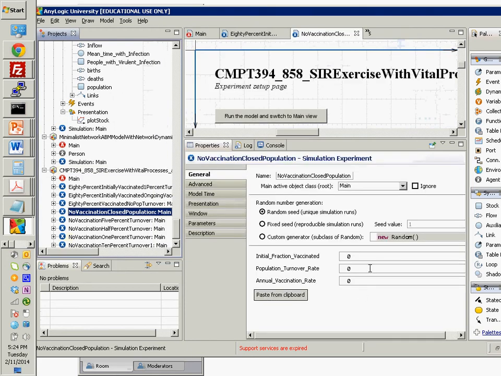So what should the parameter values be for this? Population turnover rate would be 0, no vaccination, initial fraction vaccinated 0. As it turns out, the default. So ladies and gentlemen, what should I see? Standard SIR. Okay, good.